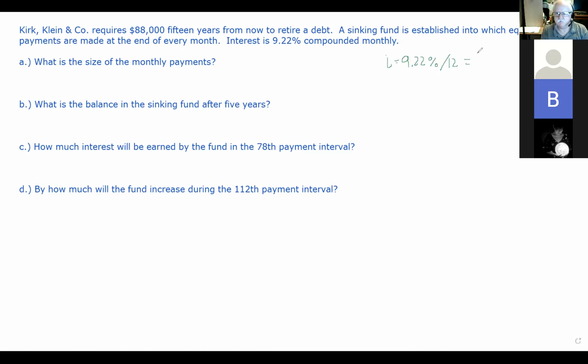So I'm getting 0.007683 repeating, but I'll definitely be storing that.